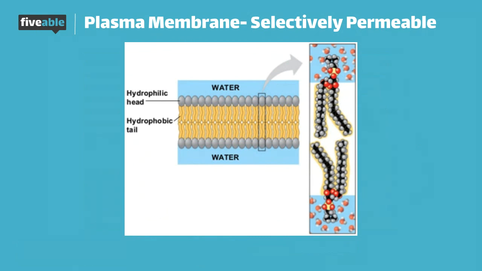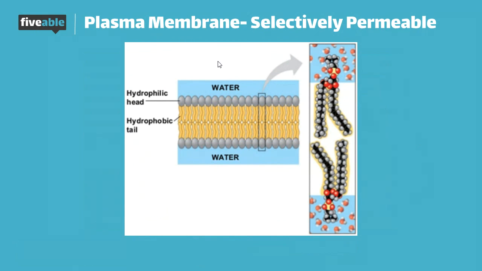And other things that don't share their electrons equally, or things that are ionic, like ions, anything that's charged, all of those things are similar to water. So things that are polar, things that are charged, anything like that. And those things cannot get through the membrane, or they get through the membrane so incredibly slowly that it's basically like they're not getting through the membrane on their own, okay?